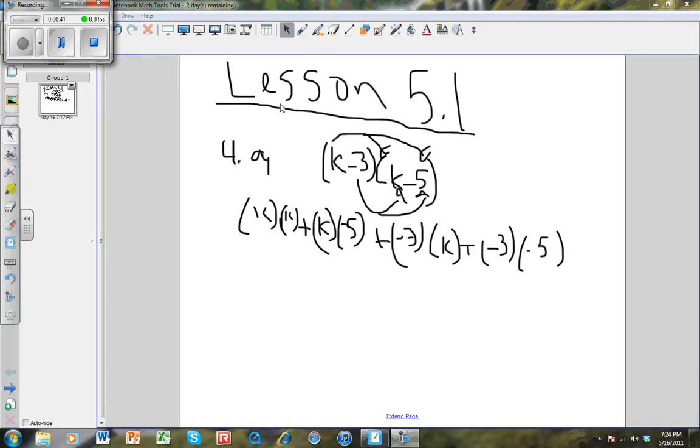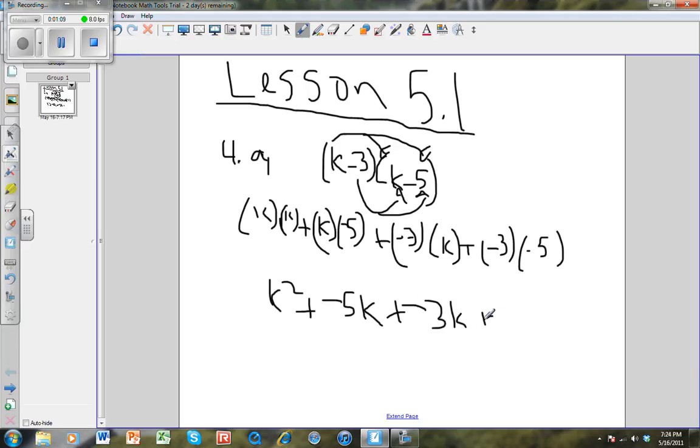Okay, so I've written out the FOILing steps, and this becomes k squared plus, plus, plus.